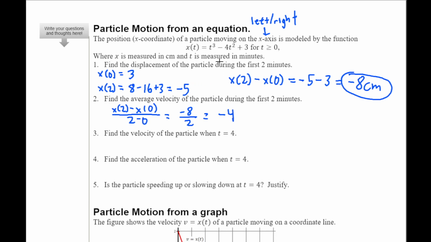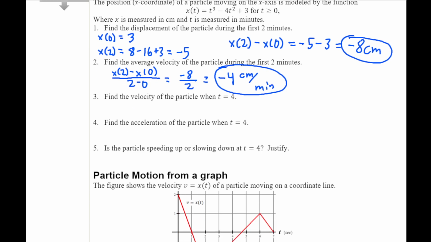The position is measured in cm, so the unit will be cm per minute. That's the average velocity during the first 2 minutes, -4 centimeters per minute. In other words, the particle is moving left 4 centimeters per minute.